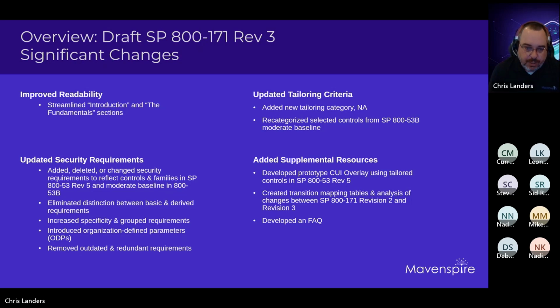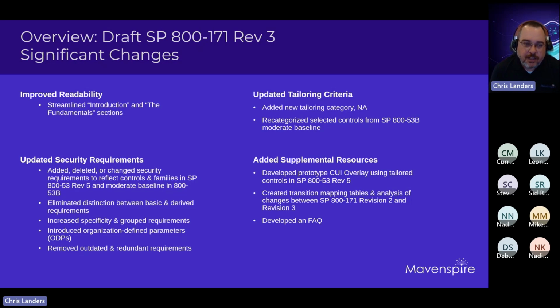So there's improvements in the overall language in that, yes, it's a little bit more long-winded because it's going to be more descriptive in how you actually comply with the requirements. Again, very similar to the verbiage that you would see in 800-53 Rev 5. Also a little bit more tight with regards to what's required versus what's suggested.